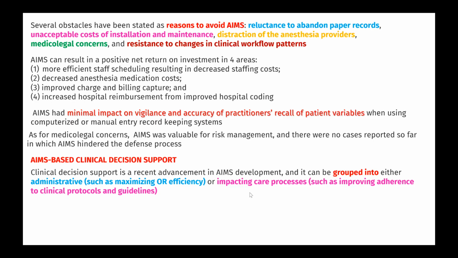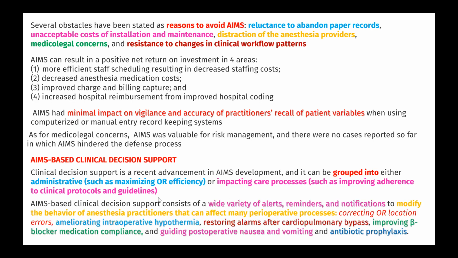Just like that, you can improve the standard of care by incorporating a particular protocol and guideline, and the decision making also will be supported by a variety of alerts, reminders, or notifications to modify the behavior of anesthesia practitioners, that can affect many perioperative processes, like correcting OR location errors, ameliorating intraoperative hypothermia, restoring alarms after cardiopulmonary bypass, and improving beta blocker compliance.